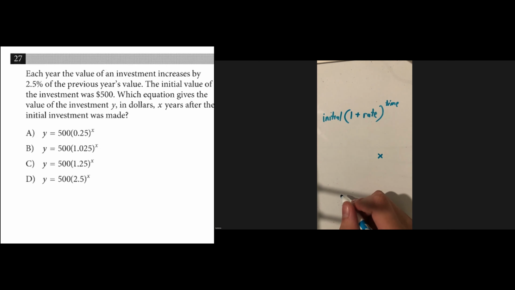When we convert the percent into a decimal, we move the decimal place left two and we add 1 to it. So it would be 1.025 to the power of x, and the initial value of the investment is 500. So we have 500 times 1.025 to the power of x, which is answer choice B.